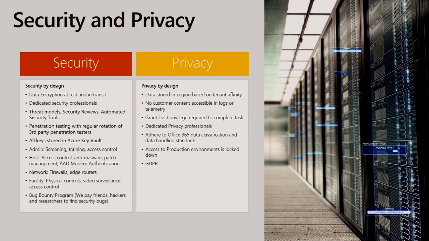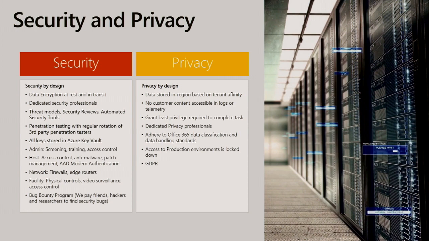And from a security perspective, Teams does provide industry-leading capabilities. We do encrypt your data in transit and at rest. We not only have a dedicated set of security professionals monitoring your data, but we also have a rotating set of penetration testing happening from people outside the organization to help us discover any vulnerabilities in the product for us to fix.